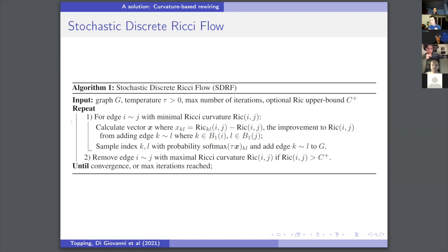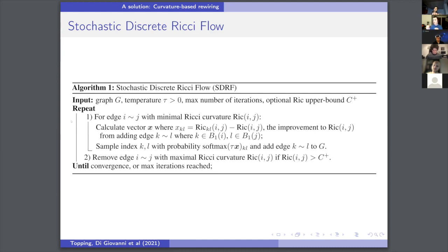What does this mean? It means that the surgery, the addition of the edge, is necessarily local, right? The new edge has to form at most a 3 or 4 cycle with this edge ij with minimum curvature, because 3 and 4 cycles are what's going to get picked up in the Ballmann-Forman curvature that we are using.